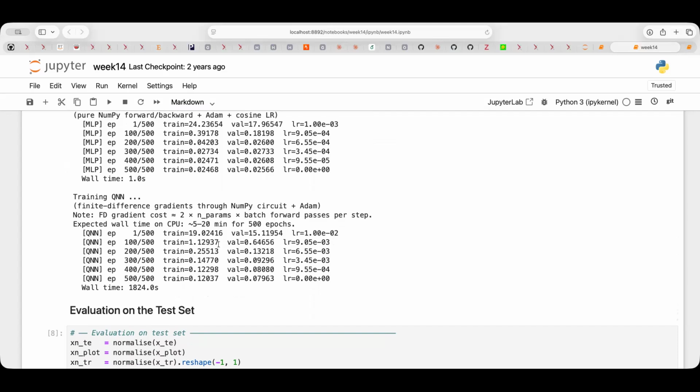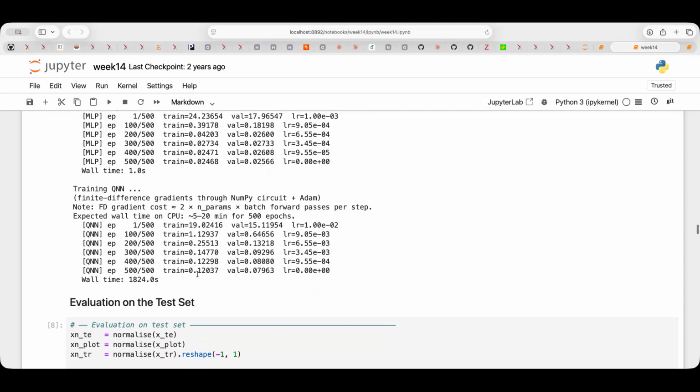And you see clearly here that even if my neural network has fewer parameters, it takes more time to train here on my CPUs. And you can also see the total time which I used, 1 second towards 1800 seconds. So clearly running this on a classical computer is actually not optimal.